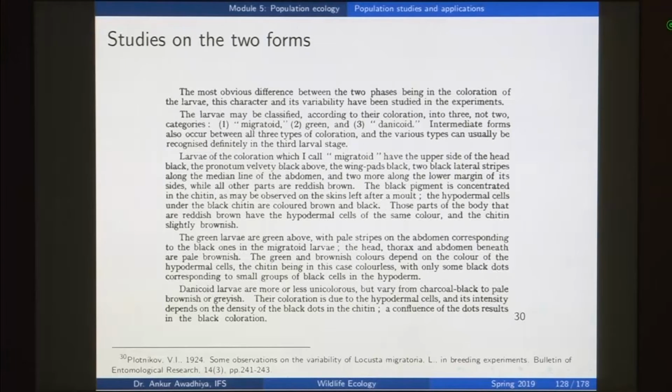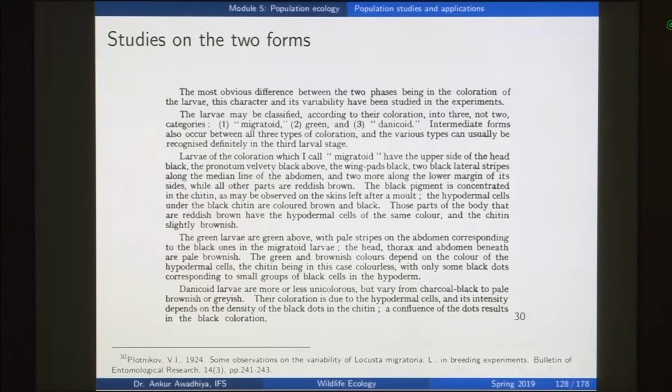This is an extract from his paper, and he writes, the most obvious difference between the two phases being in the coloration of the larvae. This character and its variability have been studied in the experiments. The larvae may be classified according to their coloration into 3 and not 2 categories.